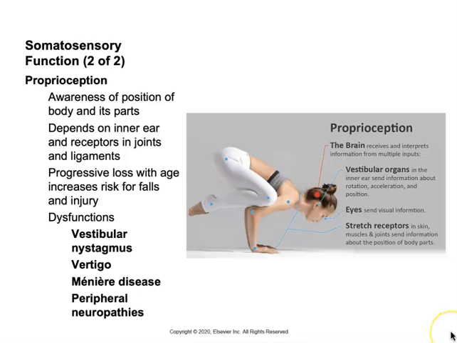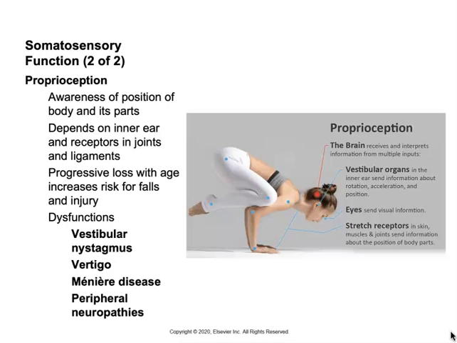Dysfunctions can include vestibular nystagmus, which is an involuntary eye movement that is often linked to vestibular dysfunction. Vertigo, which is our sensation of spinning, and this is commonly caused by issues in the inner ear or brain. And Meniere's disease that we talked about, which is a disorder of the inner ear that leads to episodes of vertigo, tinnitus, which is a ringing of the ear, and hearing loss.